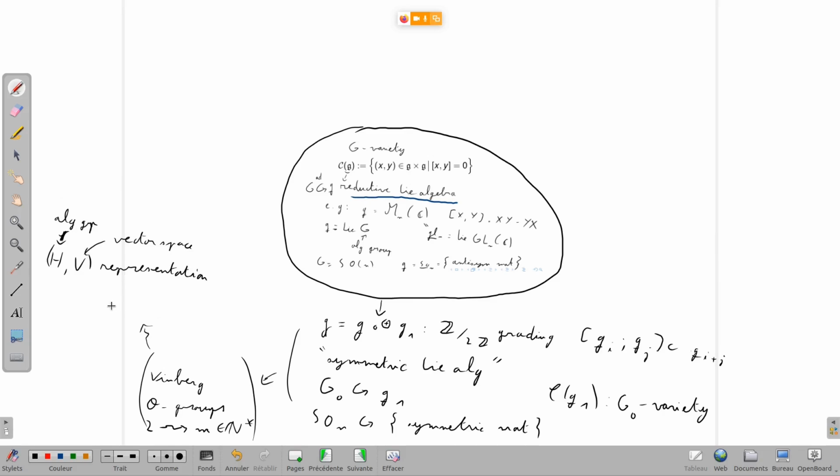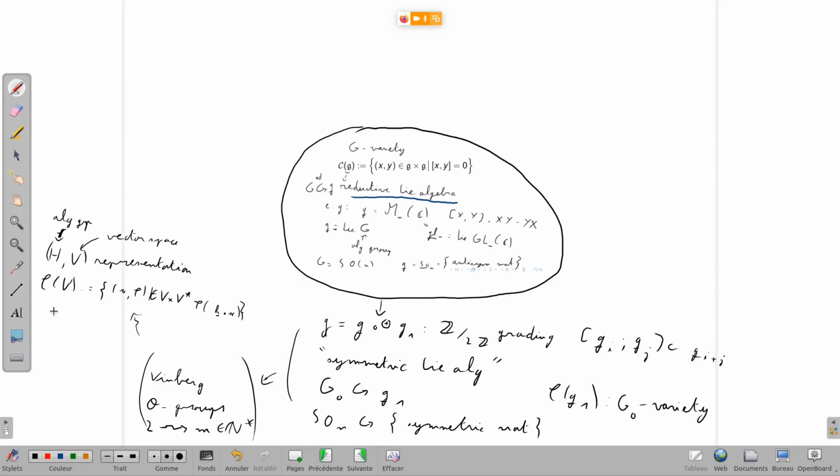Then you can consider C(V) as the set of (x, phi), which lives in V times V dual, and we ask that phi vanishes on the tangent space of the action of H at x. And this is a special case of zero fiber of a moment map.